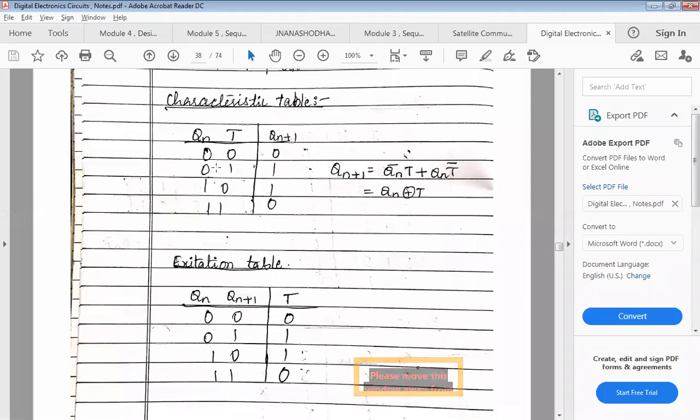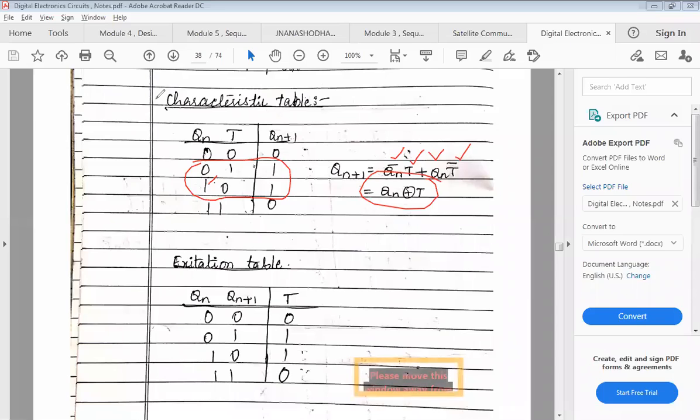So you have 1 here, so it's Qn bar because it's a 0, and then T. Then here you have 1. You are looking at only these two cases, because only these two have high values. So Qn is low, which is Qn bar, and then T, plus Qn, which is high, and T, which is low. Ultimately I can write it as Qn XORed with T.